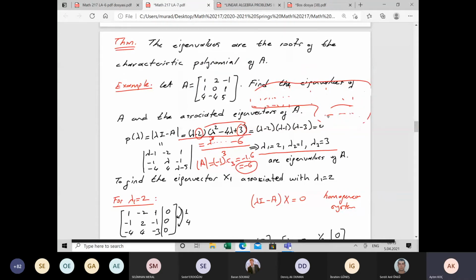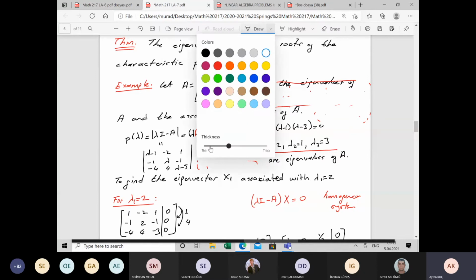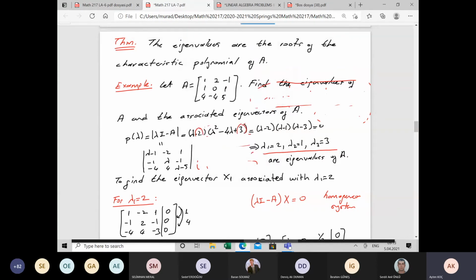Let's take the same matrix and find the eigenvalues. Let's come back to this step and rewrite this part, lambda minus 2, and this one gives lambda minus this one.